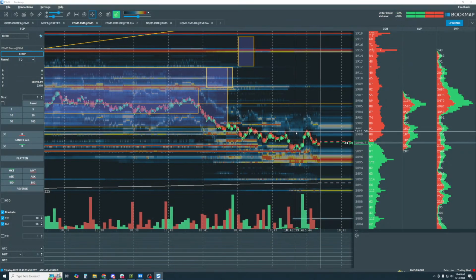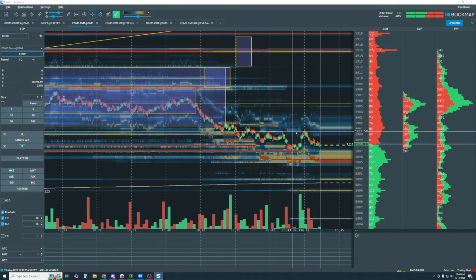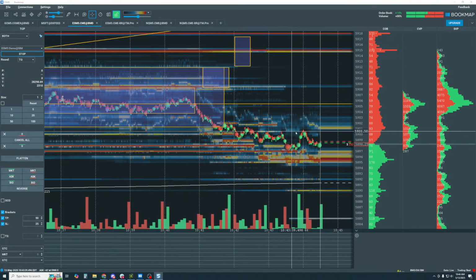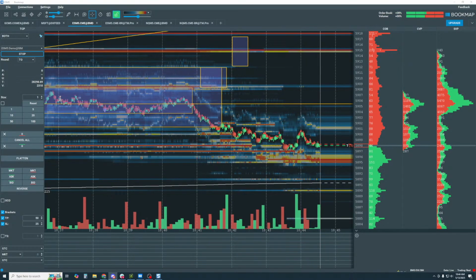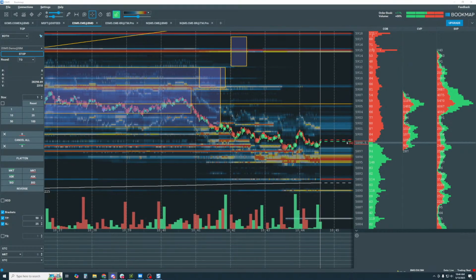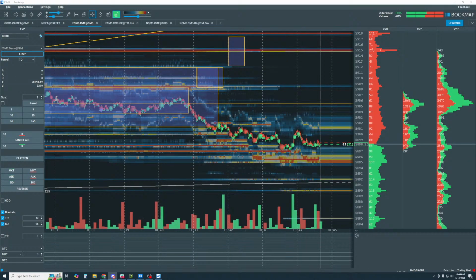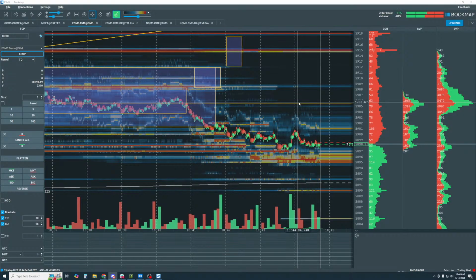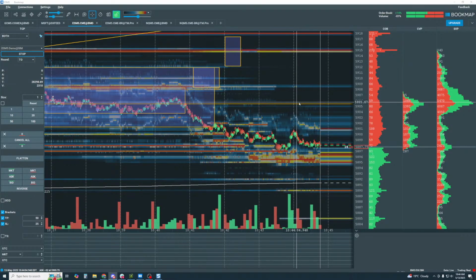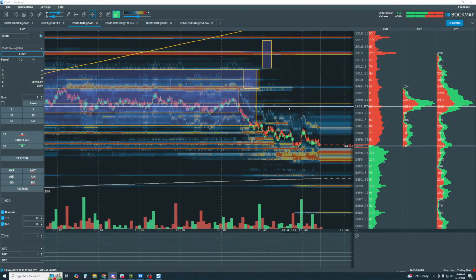But we just came up and tested the structure here. We have not broken it. Anyway, not seeing much.